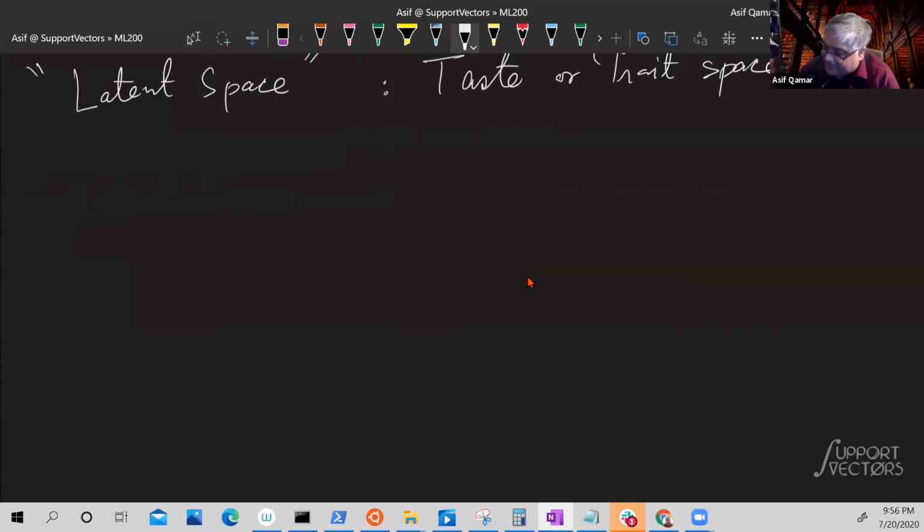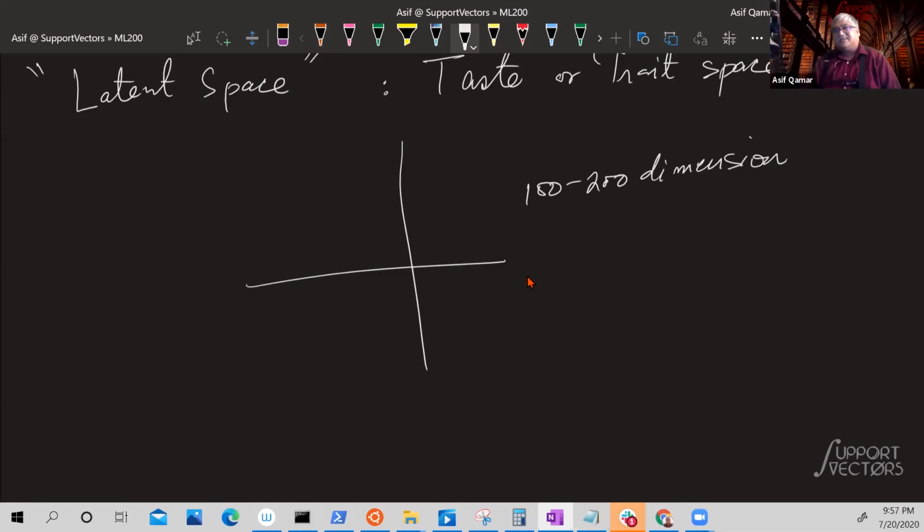What happens in reality is that this space is approximately 100 to 200 dimensions. Sometimes you can get away with just 10 to 20 dimensions, depending upon your problem.